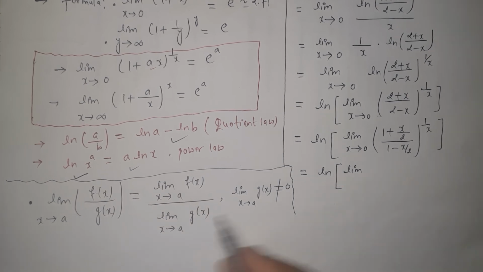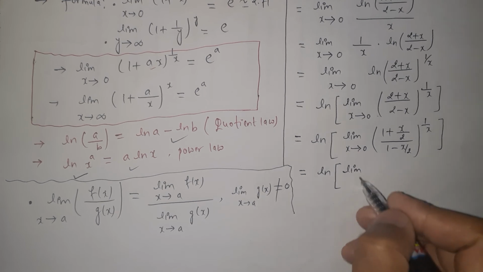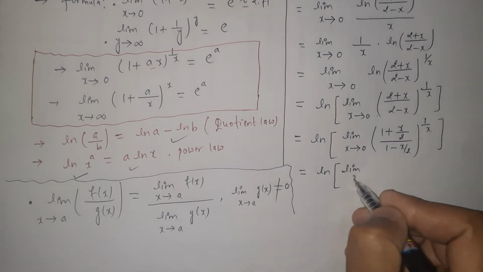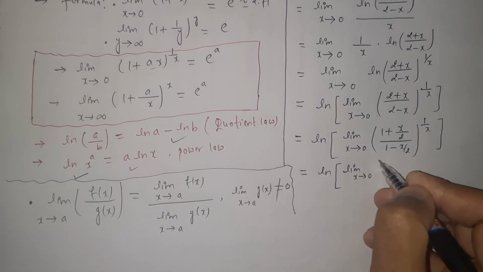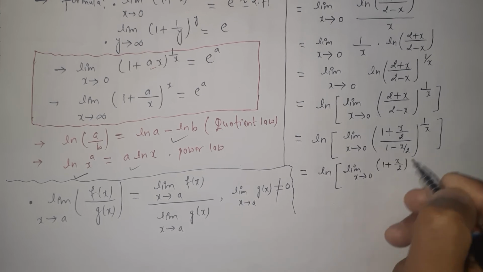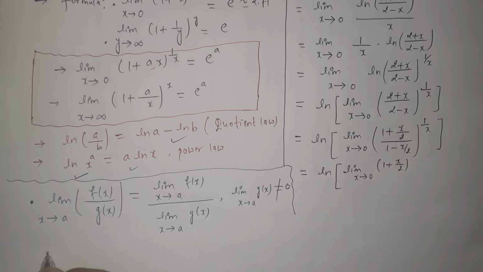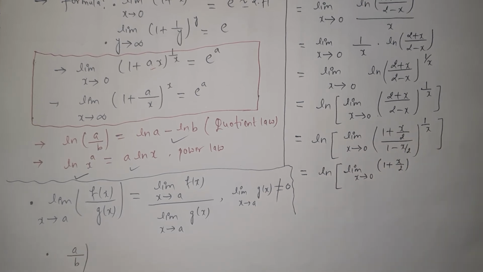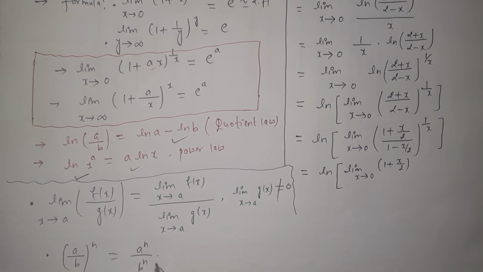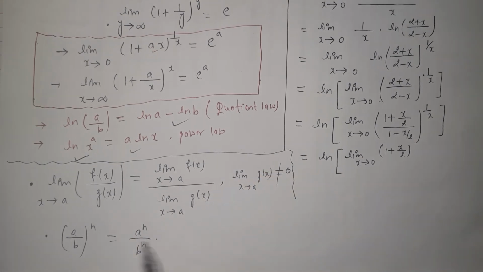Here we are going to use this concept. This can be written as limit x approaches 0 of the function 1 plus x over 2, and the power can be distributed. We have the power law on the indices: a over b to the power n can be written as a to the power n over b to the power n. This is the very basic power law of the indices.